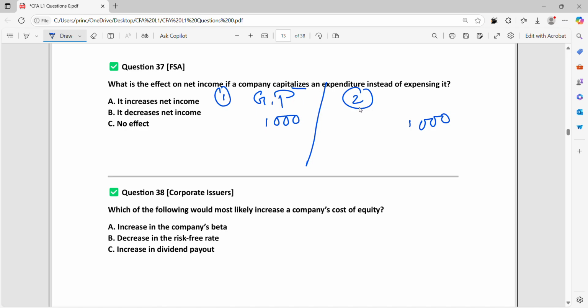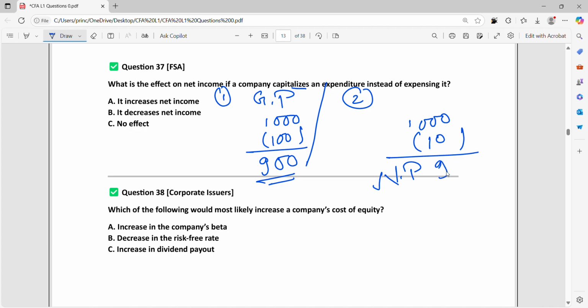If you expense your machinery, like you have bought the machinery at 100 and you expense all, you are going to charge an expense of 100 and have a profit of 900 rupees. But in the other case you capitalize it, so maybe the depreciation is 10 rupees. Consider the life of the machinery is 10 years, so the depreciation is 10 only. In this case you will have a net profit of 990. Okay, so it increased net income. Correct option is A.